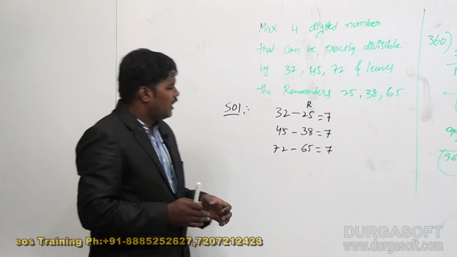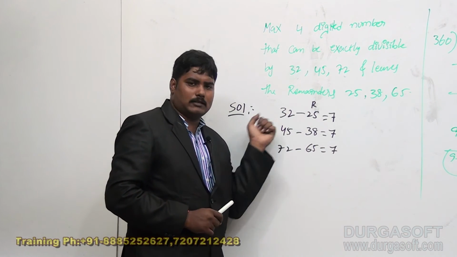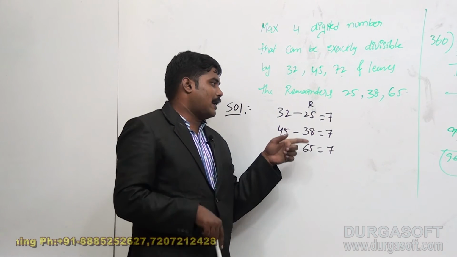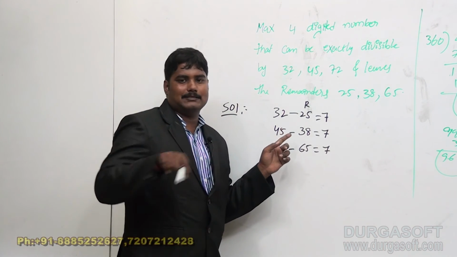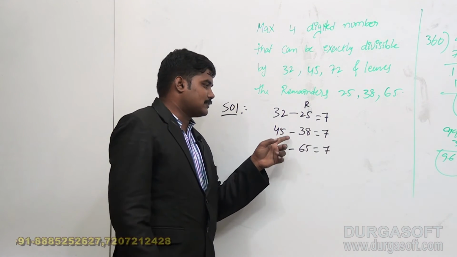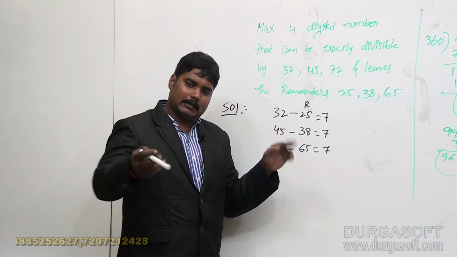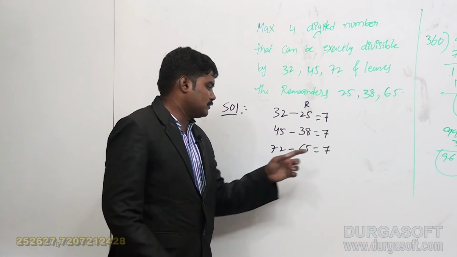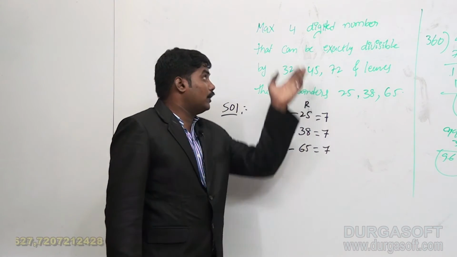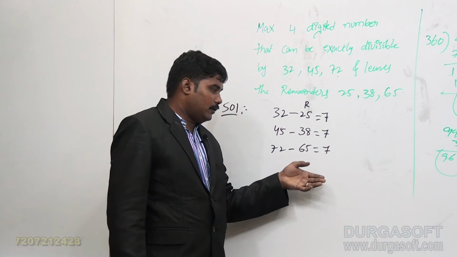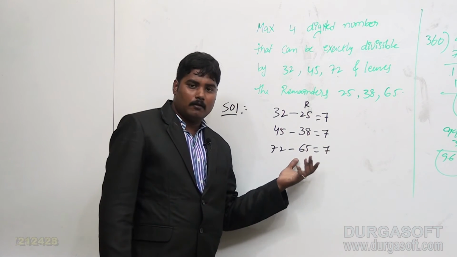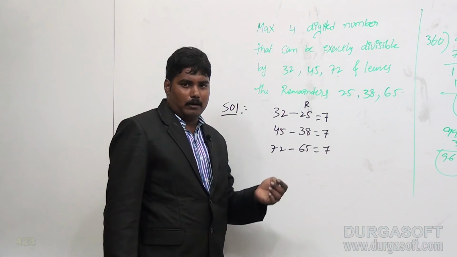That means if this 7 is added to this number, that number is exactly divisible. If 7 is added to that maximum 4-digit number, it can be exactly divisible by these numbers.